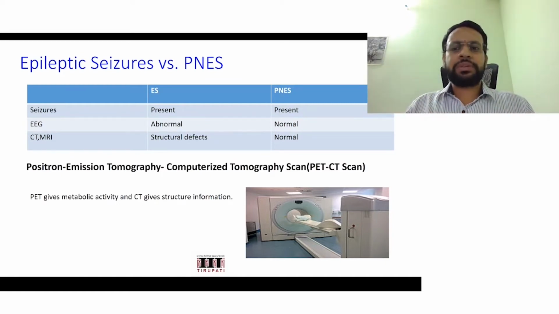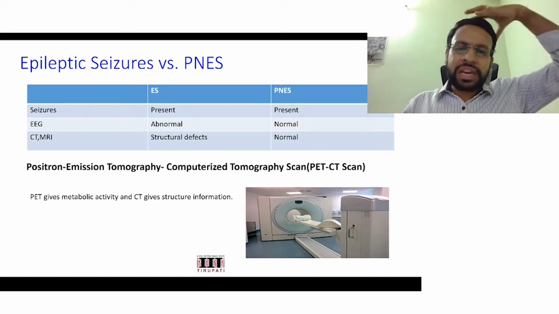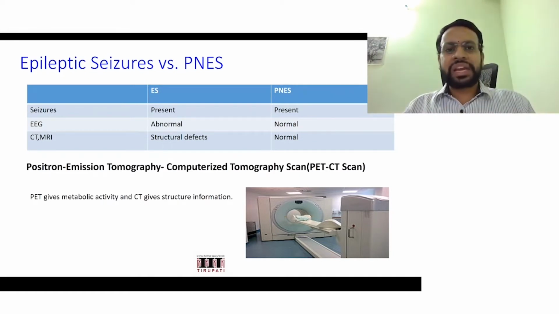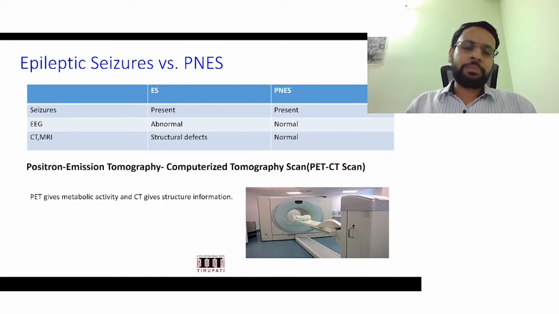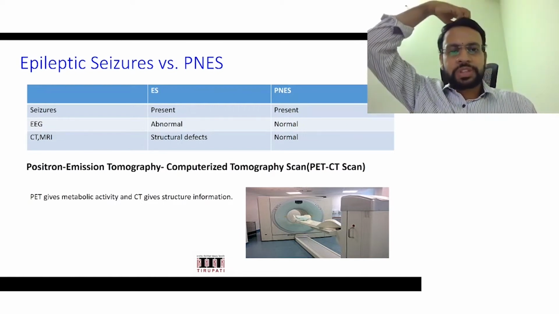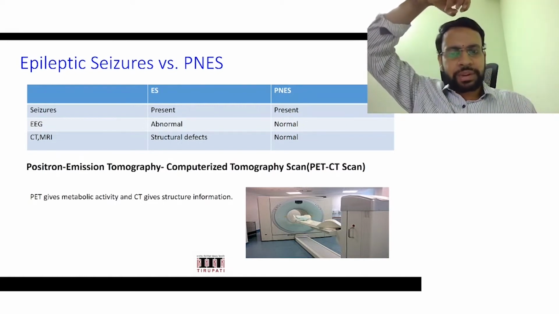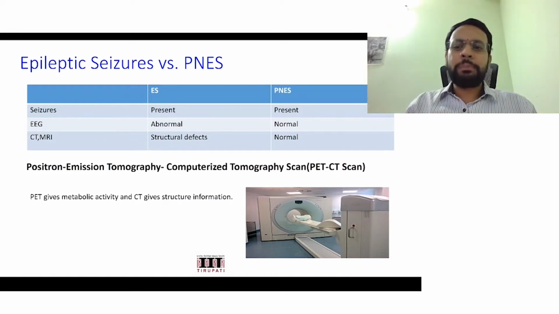You cannot observe any abnormality in the electrical activity of the brain from EEG, because the causes of these kinds of abnormalities could be coming from structures deep inside the brain that might not be picked up by EEG, and structurally you won't see any difference.